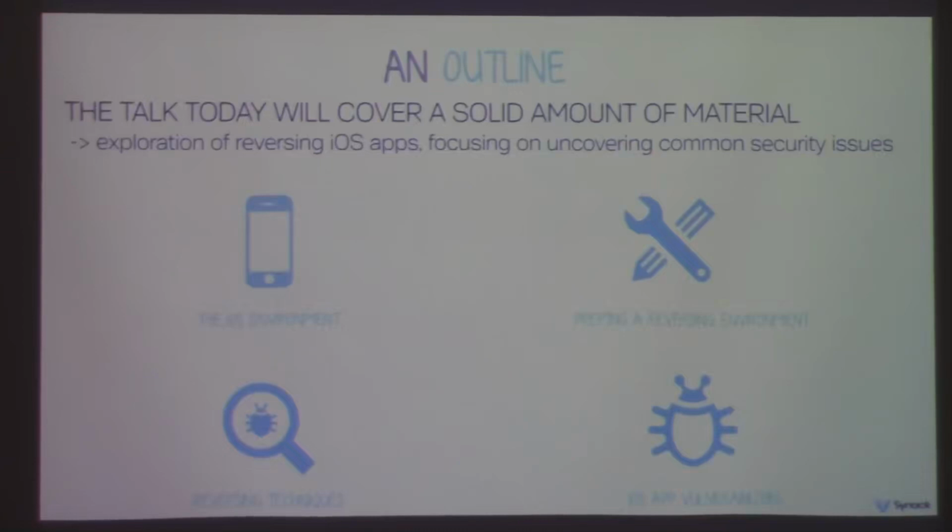For example, they're encrypted, so before you can reverse engineer and analyze them, you have to decrypt them. Then I'm going to talk about some iOS-specific methods of reverse engineering. It's kind of a unique platform, so there's some certain tools or tips and tricks to use. And then finally, this is my favorite part, we're going to talk about some common classes of vulnerabilities that affect a wide range of iOS applications, and then actually look at some real iOS apps that either still are or were vulnerable.